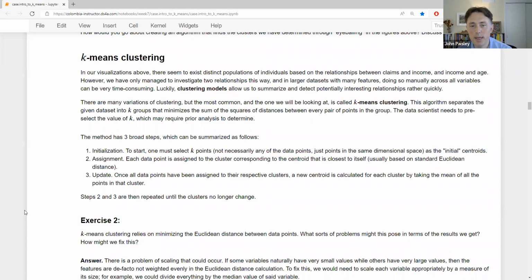The second step is to assign each data point to one of the k groups. The way that it does that is for each data point, you calculate its Euclidean distance. How far is it to each of the k centroids? And then you assign it to the centroid that it's closest to.